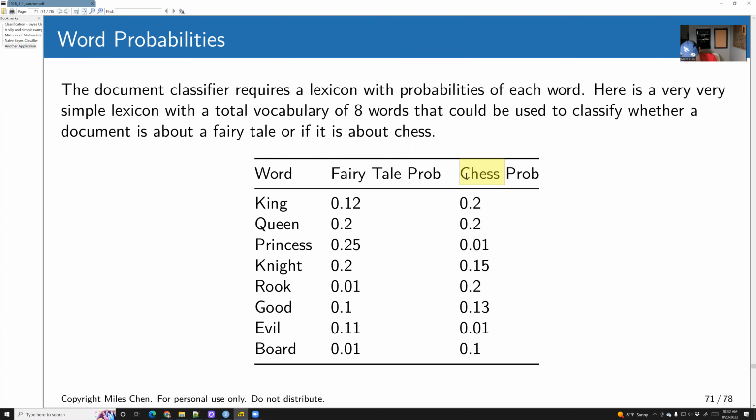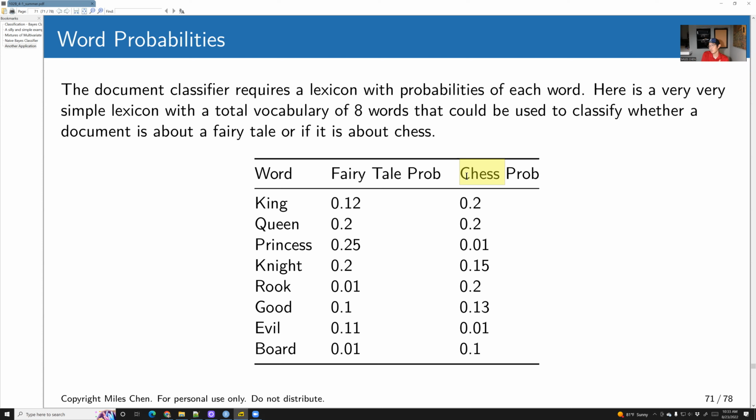And again, silly example, but basically, if you wanted to do a document classifier, you would have to create your lexicon. And so you'd say, okay, we're going to try to classify whether or not this document is about politics. And you would have a lexicon of probabilities for words that belong to politics.